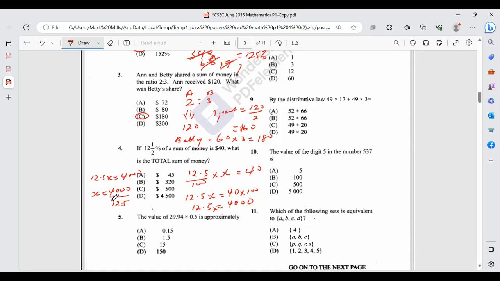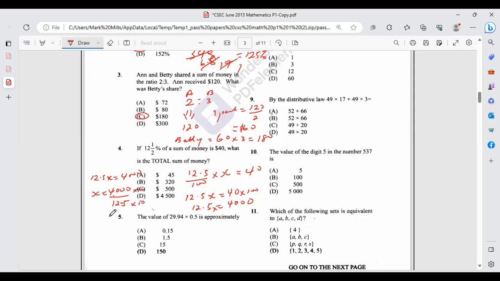Right. One of the things you can do, because in the exams you don't have a calculator, is get rid of the decimal at the bottom. How many decimal places do you have at the bottom here? 1. How do I get rid of the decimal place? I multiply by 10, and multiply the top by 10.